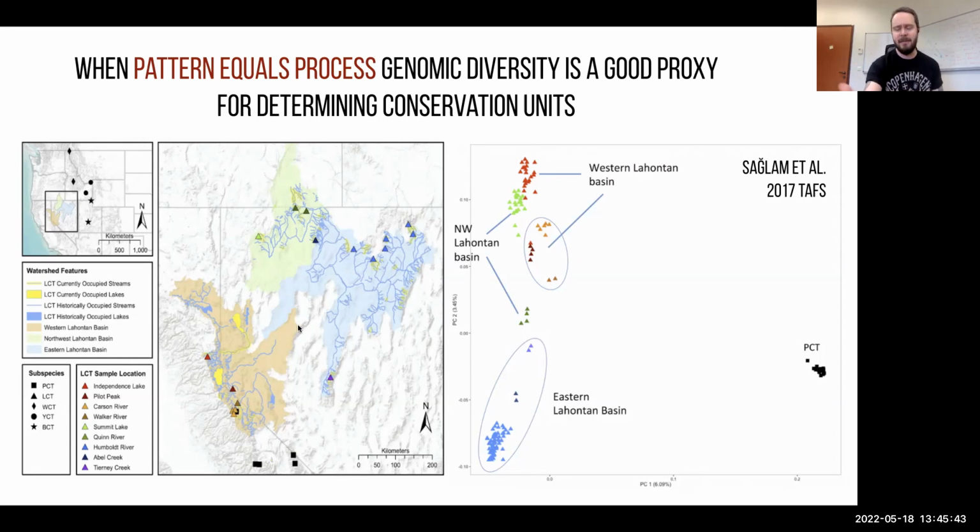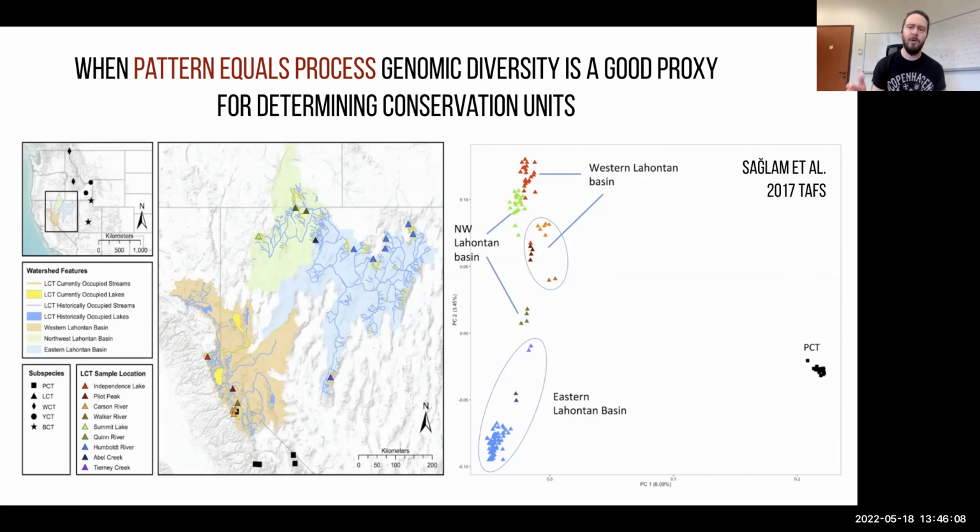And when we actually did the work, so this is genome-wide genetic diversity, we very clearly see that it is genetically highly differentiated. Its diversity pattern is very different from all of the other populations within these basins. And so from this perspective, we can say, yes, genetic diversity is very different. This is genetically a totally different animal.